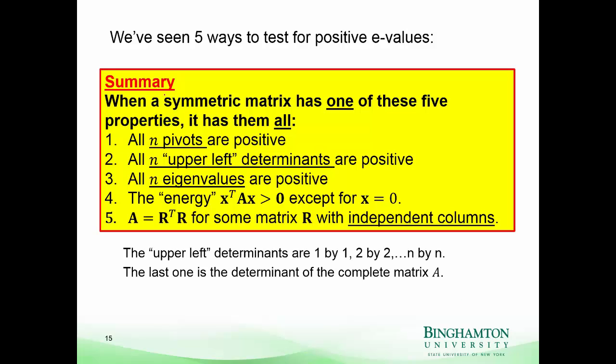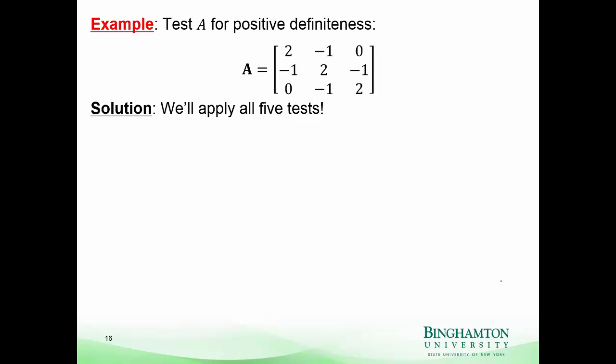When we talk about these upper left determinants, a little footnote says they are 1 by 1, 2 by 2, all the way up to n by n, and that last one is the determinant of the complete matrix A. Remember, those determinants always have the upper left element in them. That's the anchor point. So that's a beautiful result. Show that you've got any one of those things and you automatically have the other 4.